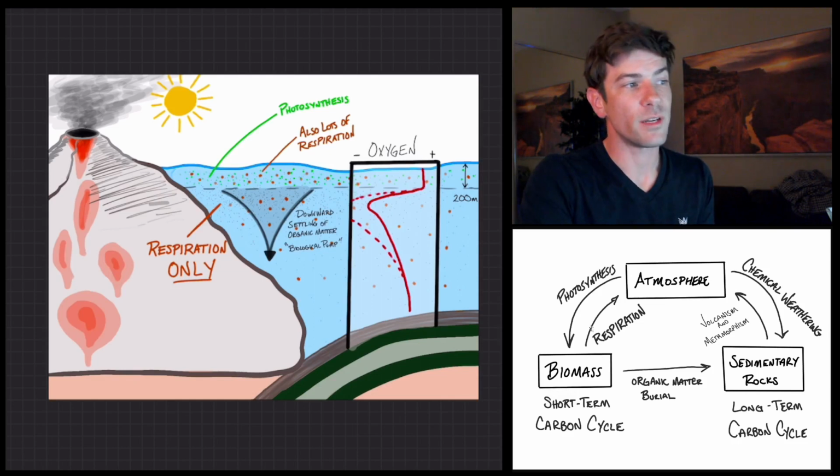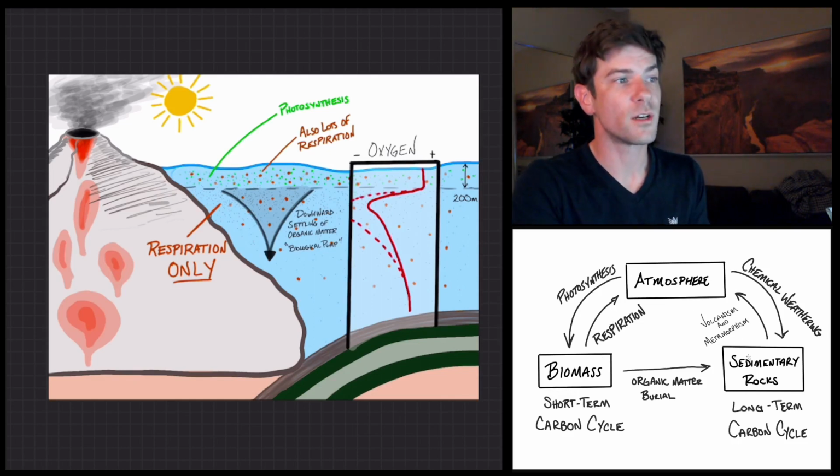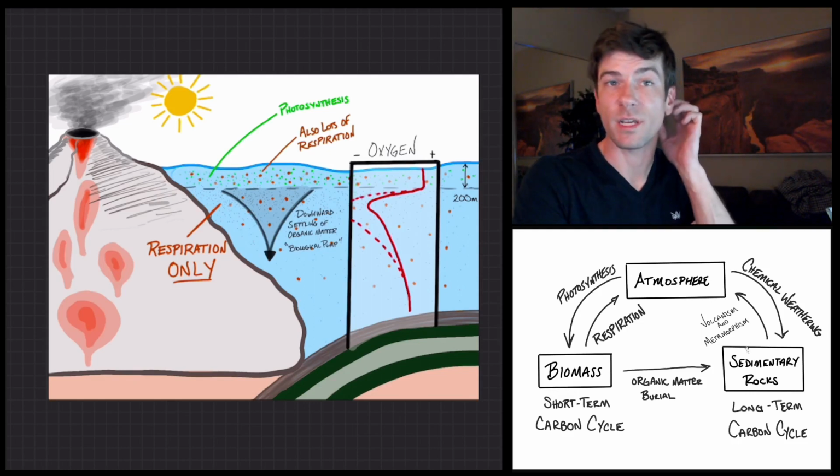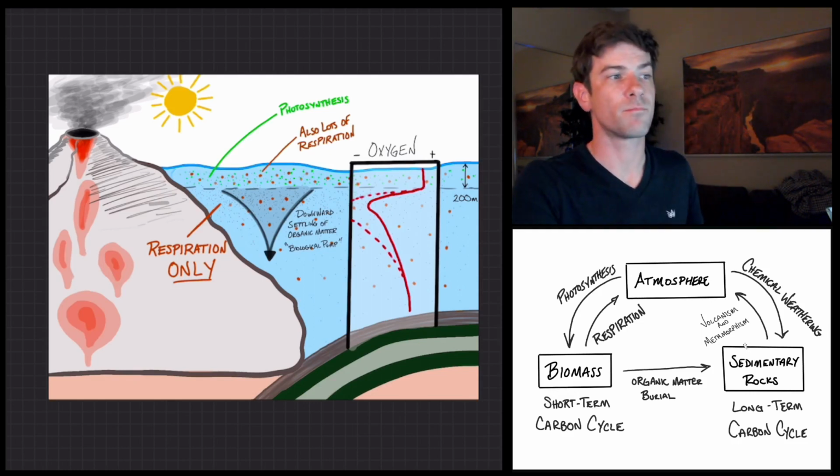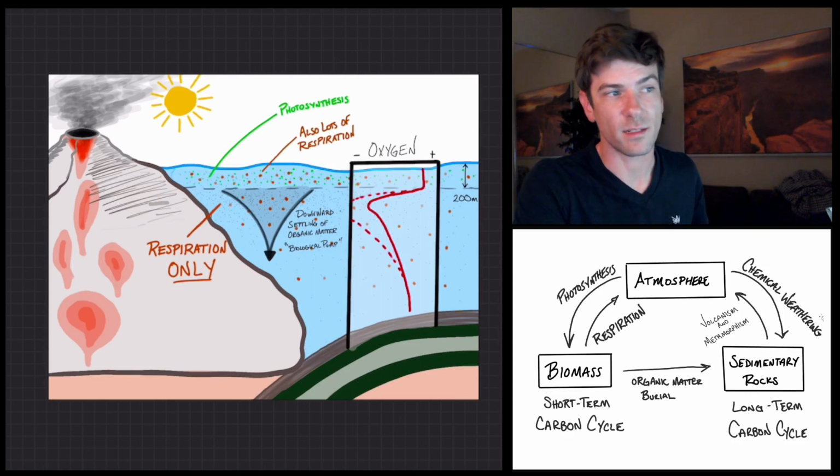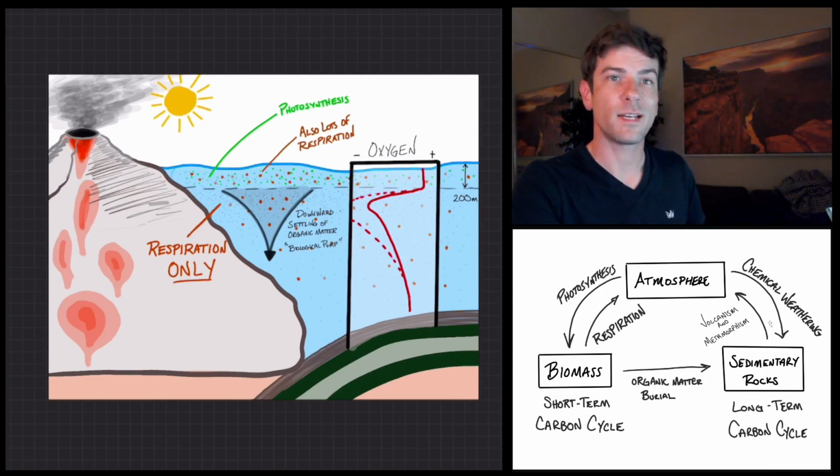Similarly, if we somehow enhance respiration or enhance volcanism, maybe we break up a supercontinent and we drive lots of volcanism without somehow correspondingly increasing chemical weathering, then we can increase CO2. If we increase respiration without correspondingly increasing photosynthesis, we'll drive an increase in atmospheric CO2.